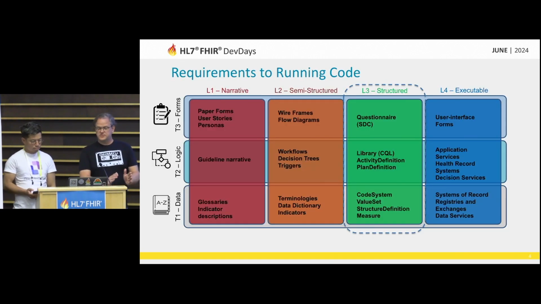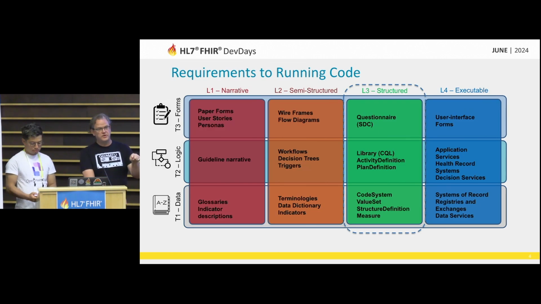So if you take those structured representations and you plot those against the classic 3 tiers of architecture, you've got your data layer, your logic layer, and a presentation layer. Then at each of those intersections, you get different kinds of artifacts. If you look at the presentation layer in L1, that's like a user story, just the flat-out description of a user story.